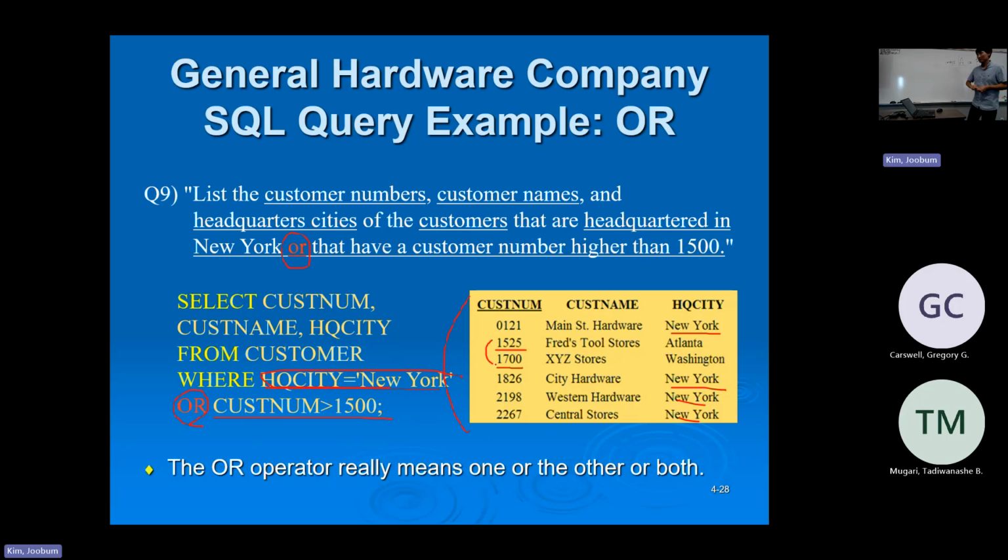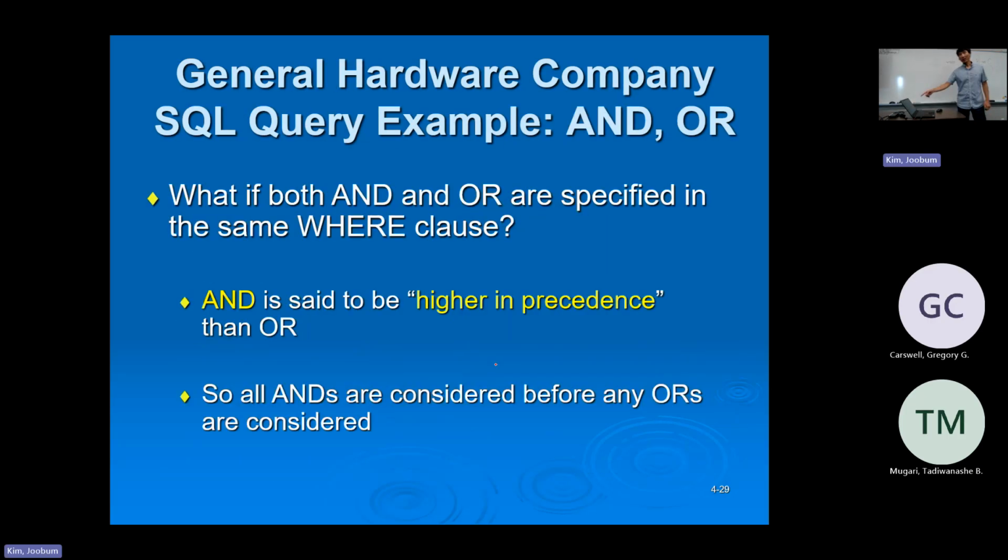Okay, so those are kind of confusing situations. The AND operator is higher priority. That means if we have a mixed statement, the AND operator is applied first. After that, the OR operator is applied. Okay.